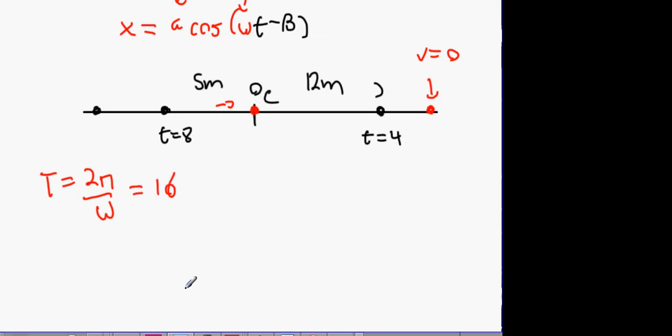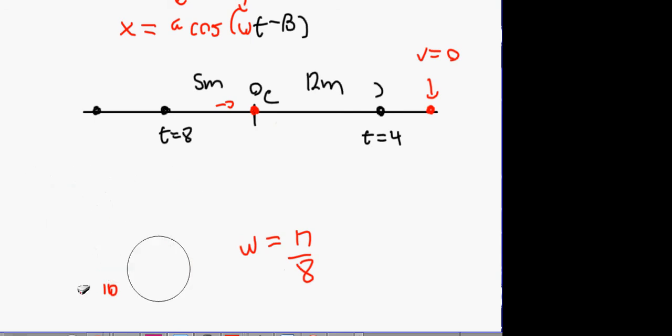We want to get omega on its own, so 2 pi over 16 equals omega. Omega equals pi over 8. So we figured out what omega is straight off the bat, which is good. Now we can redesign this equation so that it's x equals a cos(pi over 8 t minus b).